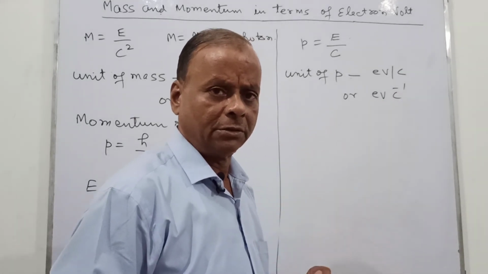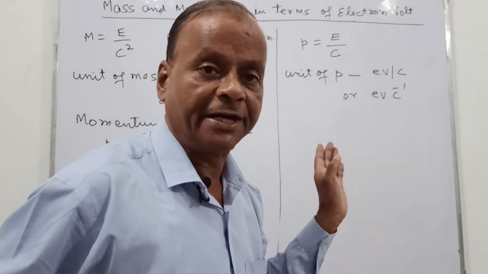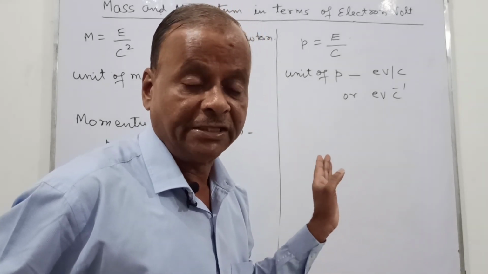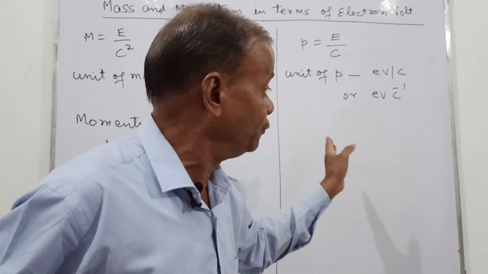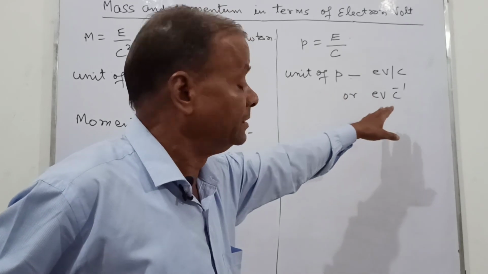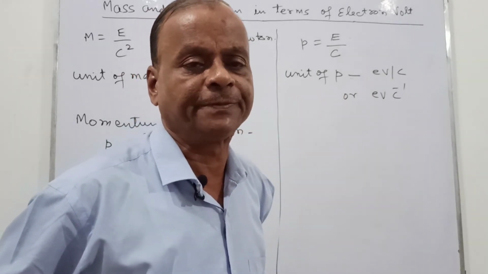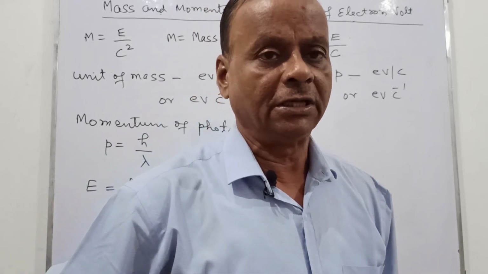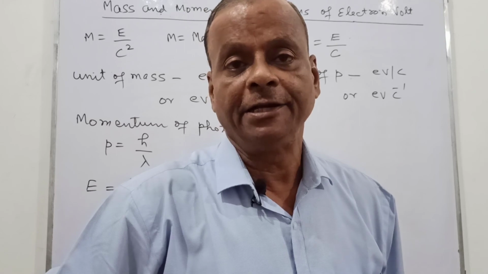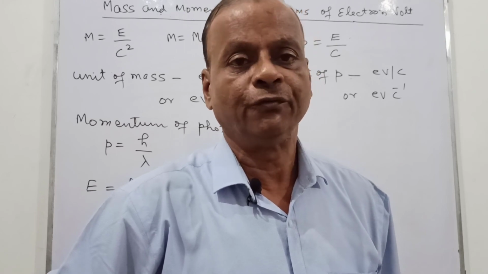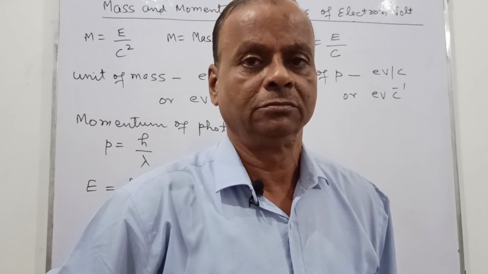The mechanical units are the joules and ergs, but in case of photon we are taking this one. Similarly here this is taken like this. So this is the expression of the unit of the mass and momentum of the photon. Always remember, this is only for photon.